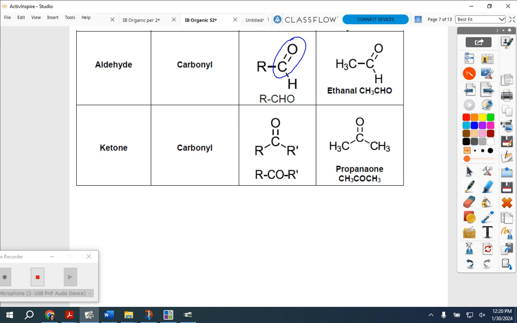And the difference between them is that in the case of the aldehydes, let me back up and talk about the R. What is this R thing? So the R is just referring to some chain of carbons that this functional group is sitting on.